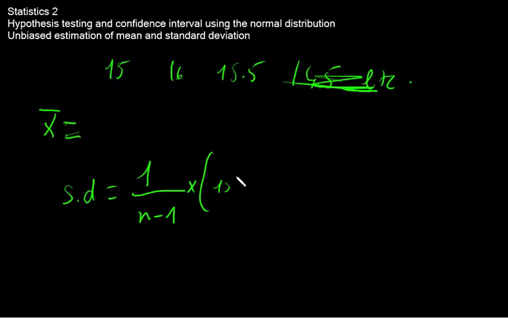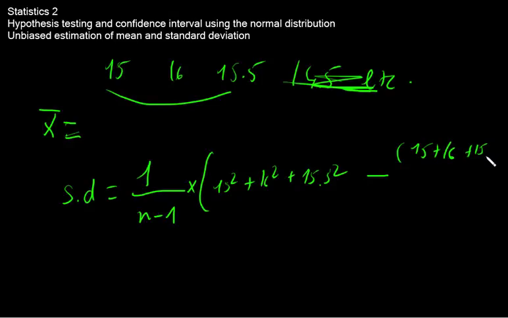So this is 15 squared plus 16 squared plus 15.5 squared. Now here they minus the sum of all these, so the sum of 15 plus 16 plus 15.5, squared, all of that divided by the number of variables. So that's the formula. So this is 3 and here is 3.